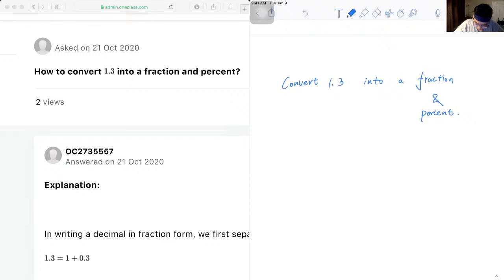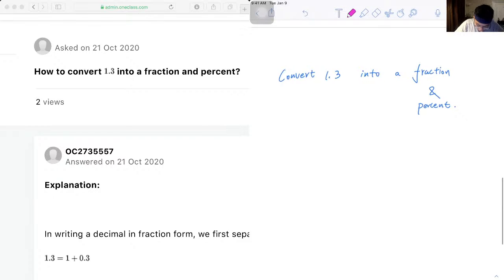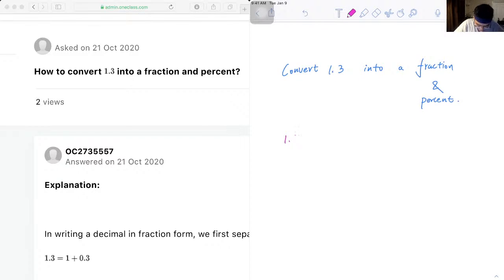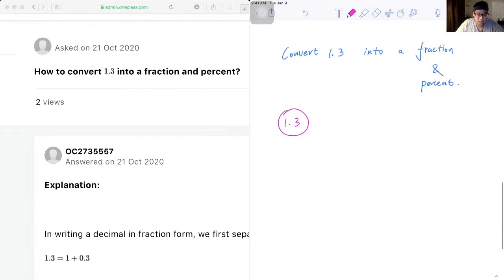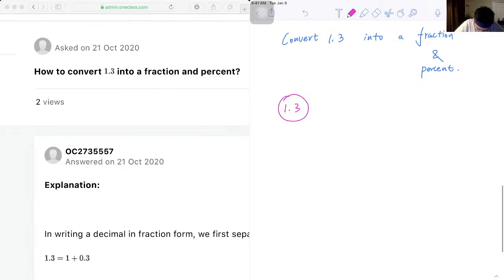So first let's talk about 1.3. Okay. So 1.3 is written in decimal form, and we can separate the whole number first. Okay, so 1.3 is just 1 plus 0.3. Okay, so that's the first thing we know.